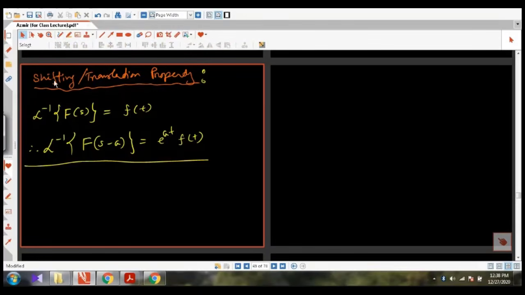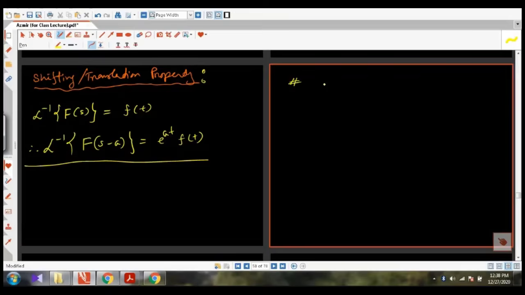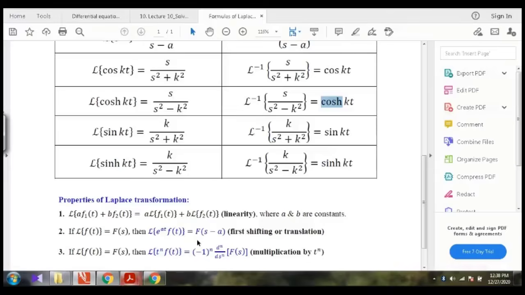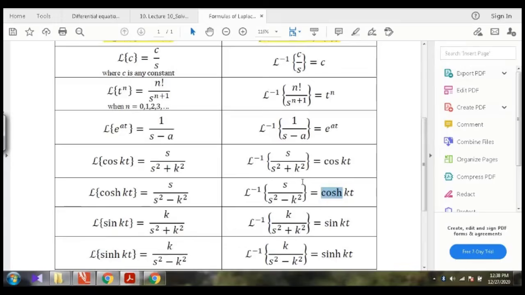Suppose we have, let's say, inverse Laplace of 1 over (s - 2) squared plus 1, or let's say plus 4. So have a look at the formulas of inverse Laplace transformation.